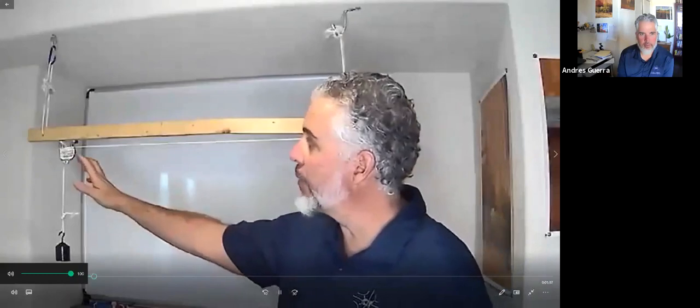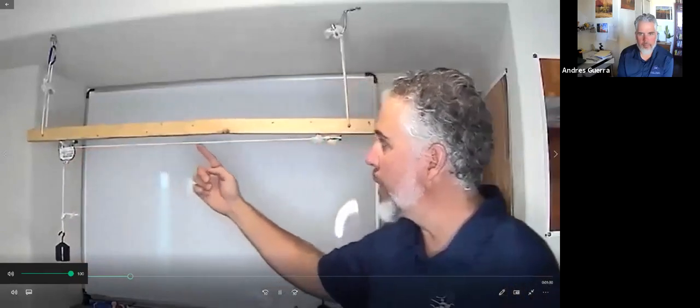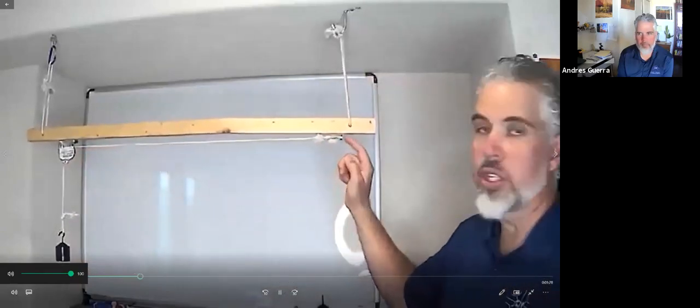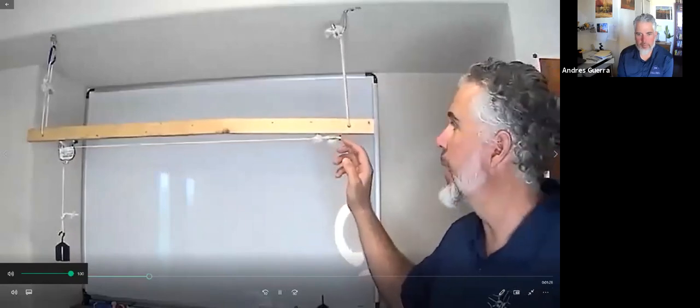I have a system here. I'm just hanging this board from the ceiling, and then I've got a frictionless pulley right here at this spot and a suspended mass that's going over that frictionless pulley, and then I have this rope that's attached to just a screw right back here.